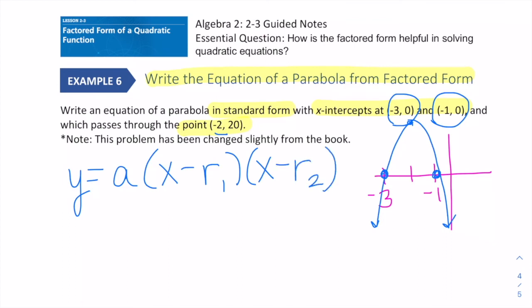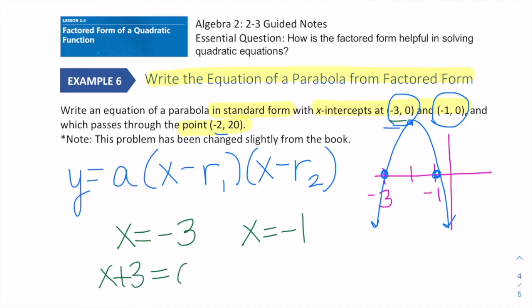To get those factors, we can set these answers equal to -3 and -1. Those are our zeros. To find the factors, we're going to have to now set them equal to 0. So we have x plus 1 and we have x plus 3. So those must be our two factors.